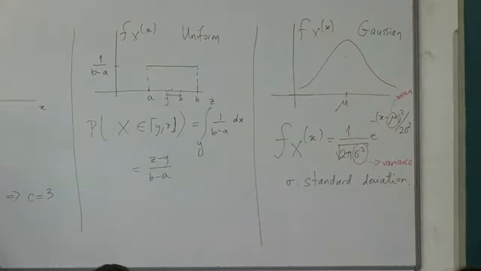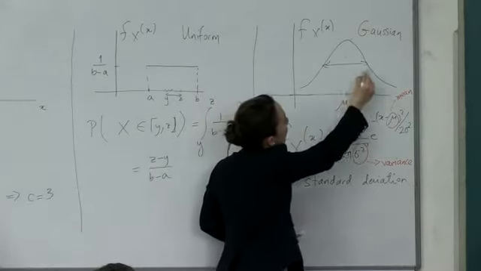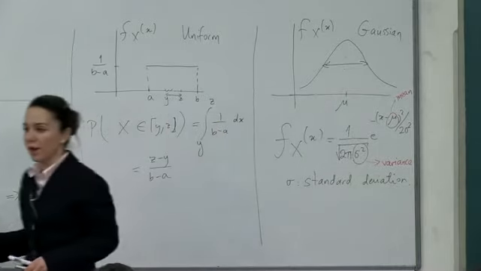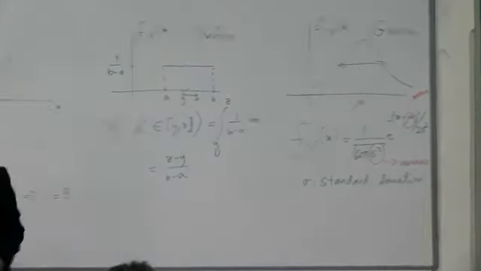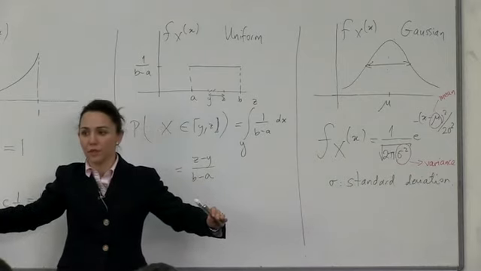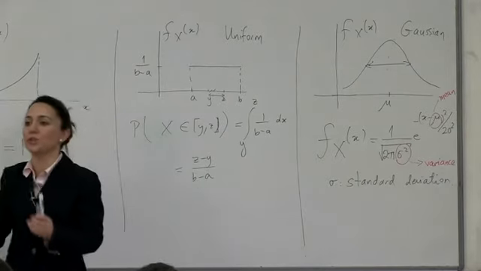The center of gravity of the distribution is at mu, which is the expectation. And the standard deviation, remember, controls how spread out the distribution is. This wideness is controlled by the standard deviation. So the larger the sigma, the wider spread the curve. Okay? What happens as sigma goes to 0?